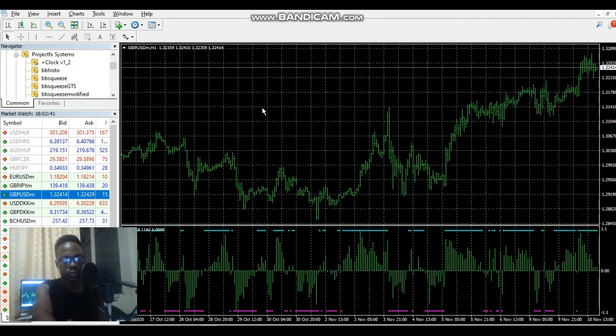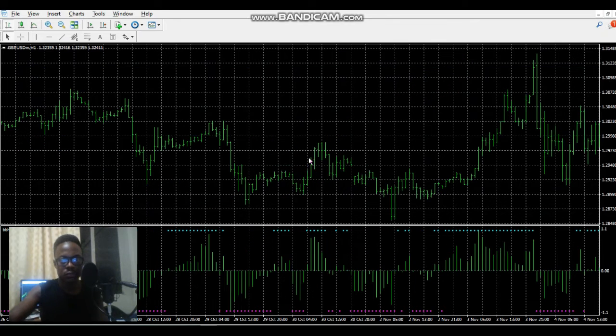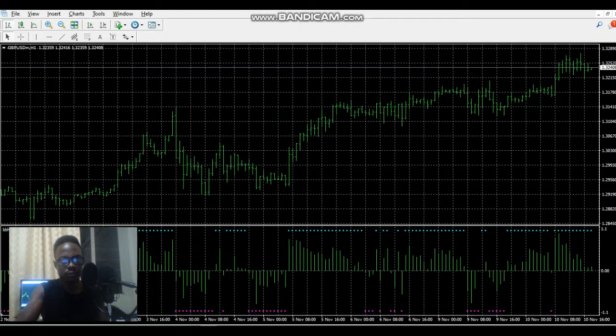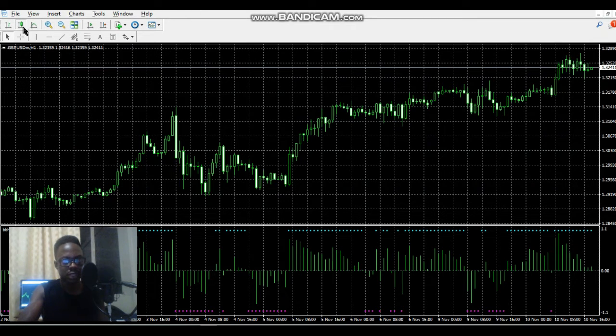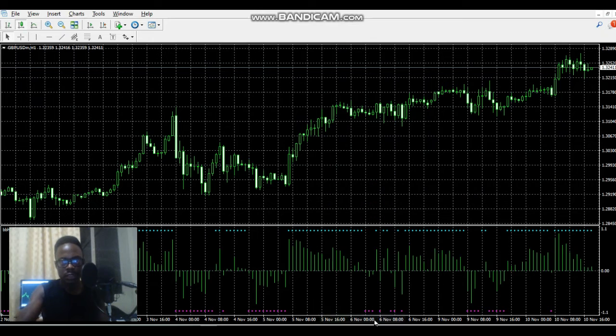So first I'm just gonna remove everything I don't need, which is the navigation bar as well as the market watch, and then zoom in on my graph over here. Change the chart type to candlesticks. And then one more thing I like to do is remove the grid.